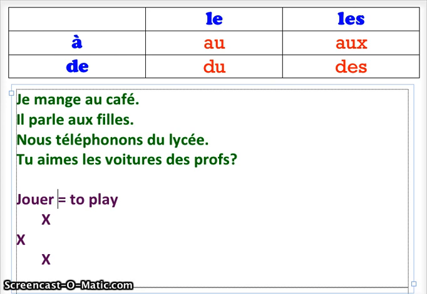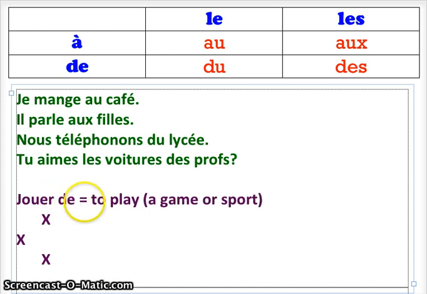The expression jouer à is used to talk about playing a game or sport. So in other words, in French, I just don't play a game, I play at a game. Or I play at a sport. I have to use that preposition à with jouer if I'm talking about playing a sport.